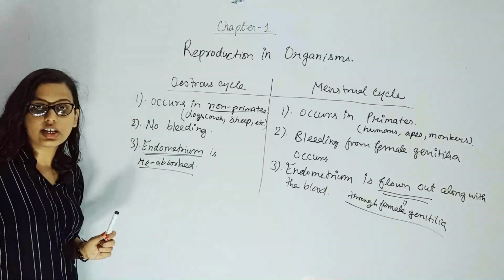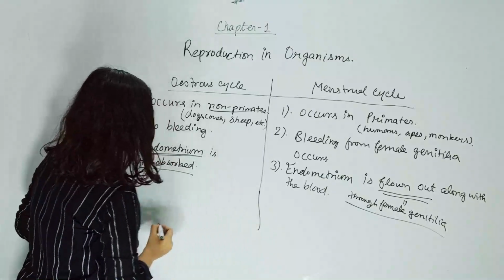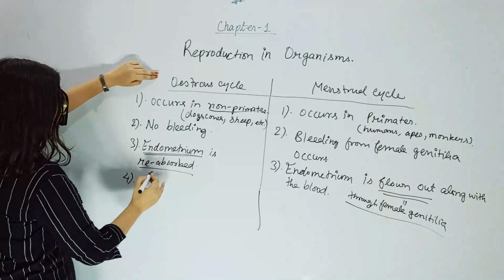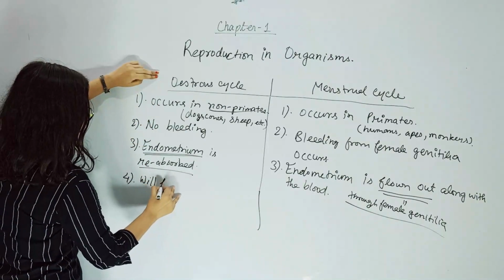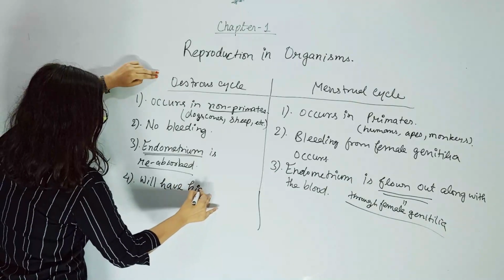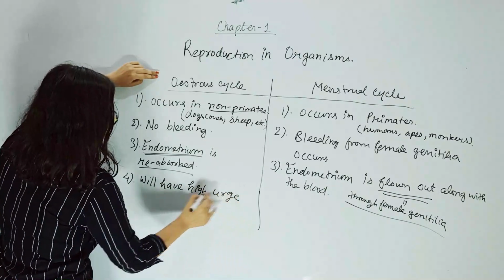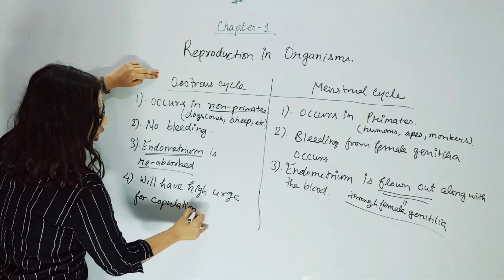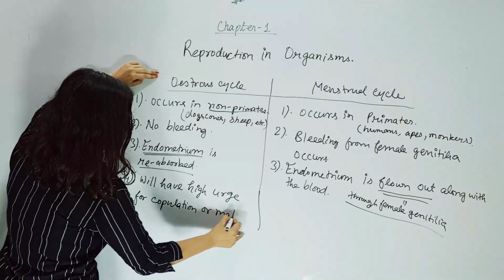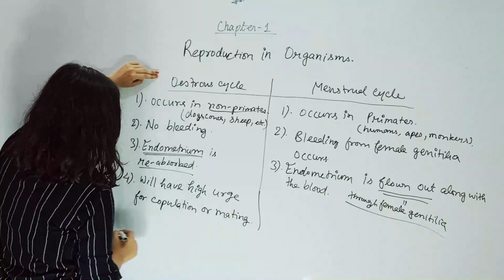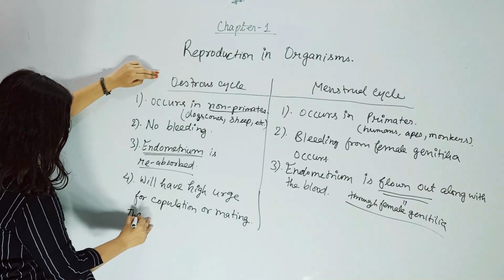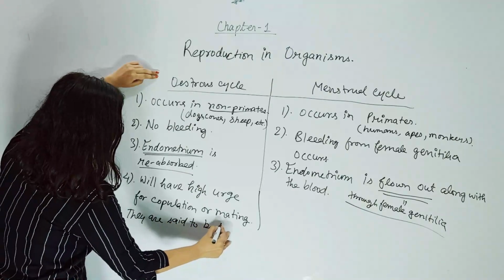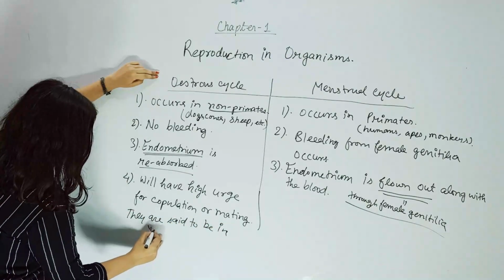The next difference between the Estrus cycle and the menstrual cycle is that those females which are undergoing the Estrus cycle will have a high urge for copulation or mating, and they are said to be in heat period.